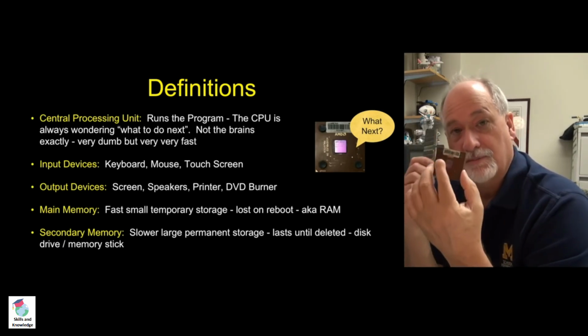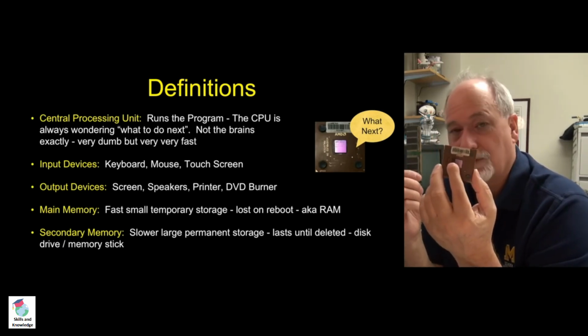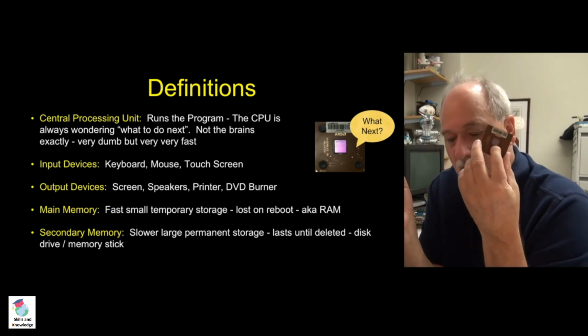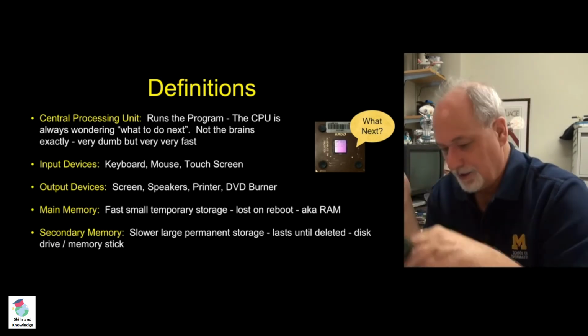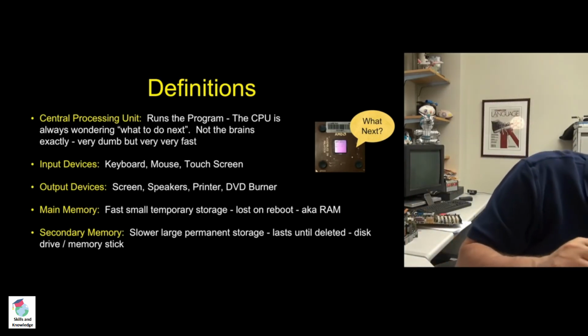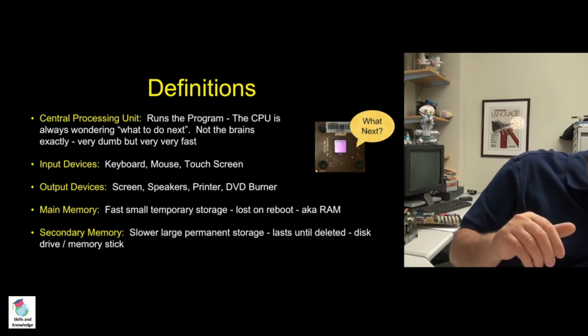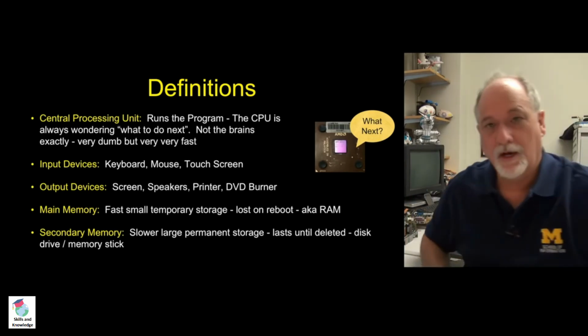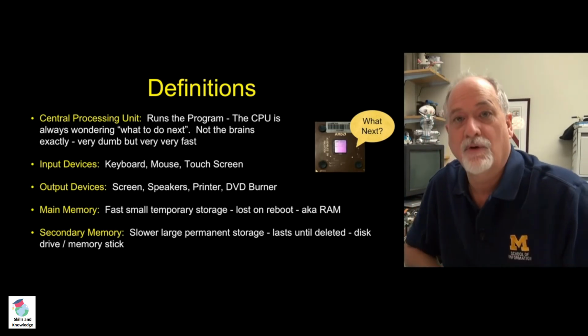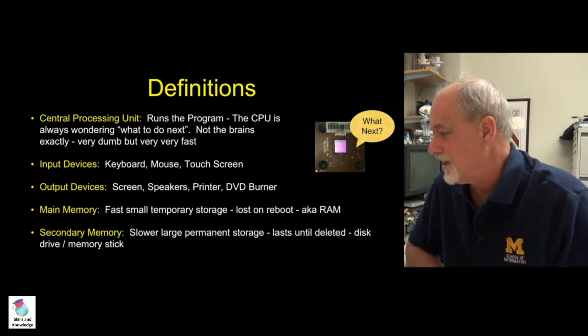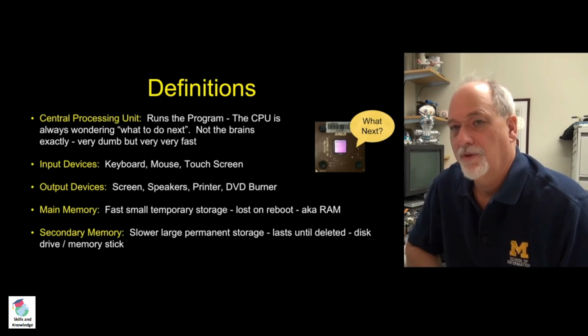The main memory is the fast part of the computer that stores all the programs, and the secondary memory is the permanent storage. Increasingly, secondary memory is flash RAM or static RAM with no moving parts.